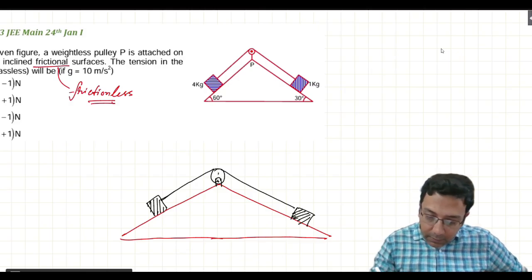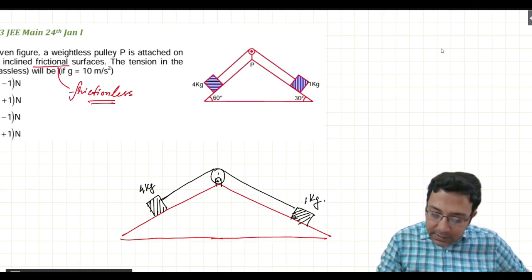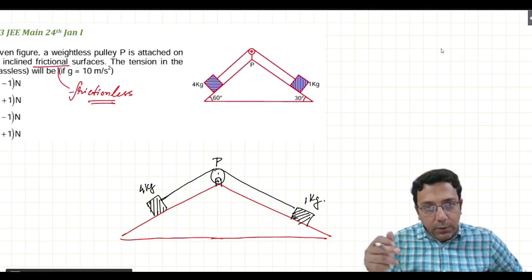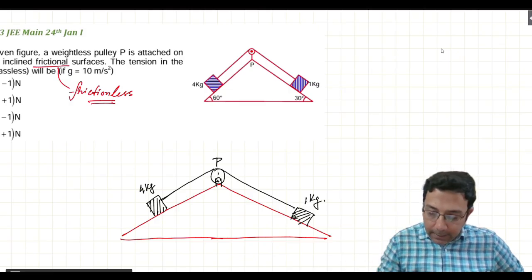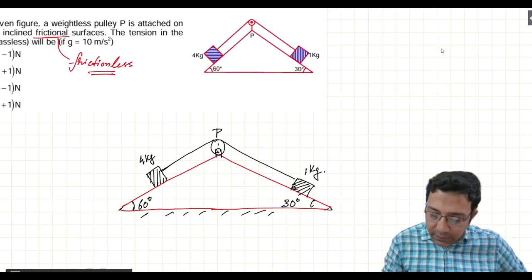Now it is given that this is 4 kg and this is 1 kg. So we will have a consideration that 4 kg is going down to the left and 1 kg is being pulled up. This angle is 60 degrees, and this angle is 30 degrees. Let us assume the floor is fixed.